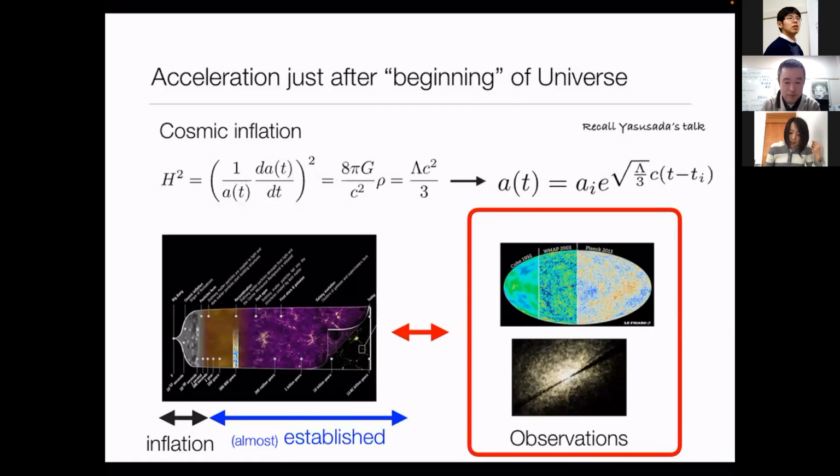We don't know the details, but the overall structure is that the vacuum energy of a scalar field or some field led to the rapid expansion of the universe, which can be seen from the Hamiltonian constraint by inserting a constant on the right-hand side, which gives you exponential expansion. Since we know how the universe evolves later on, by observing the cosmic microwave background or the galaxy distribution, we can capture the kind of fossil encoded in such a cosmological map of the universe.